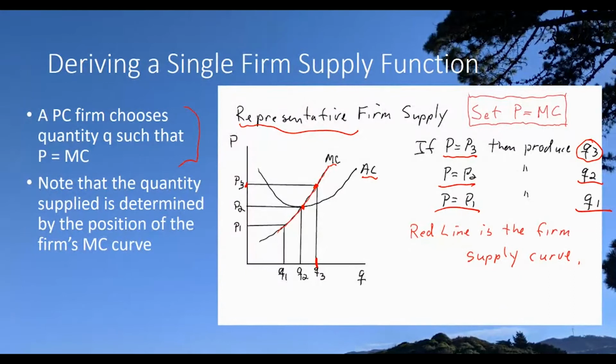All right, so what we can see is that from an individual firm's perspective, this marginal cost curve turns out to be the supply function for the individual firm.